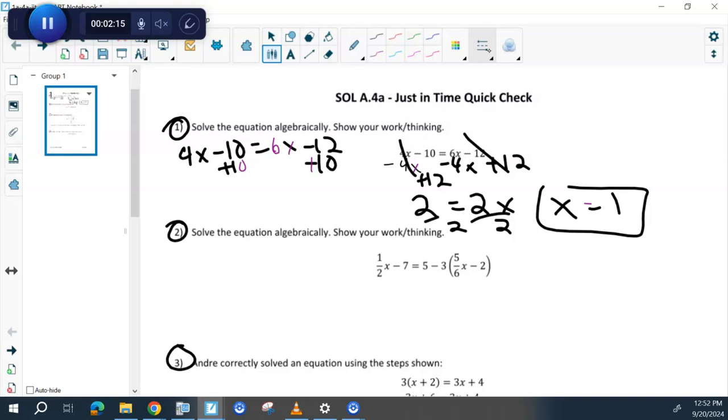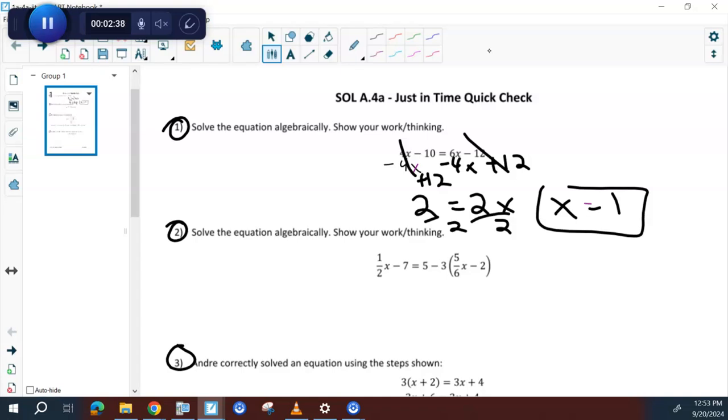I can't move 12 at the same time. And move the 12 to the other side. Add it to the other side. Add it to 10. Other questions on that one?